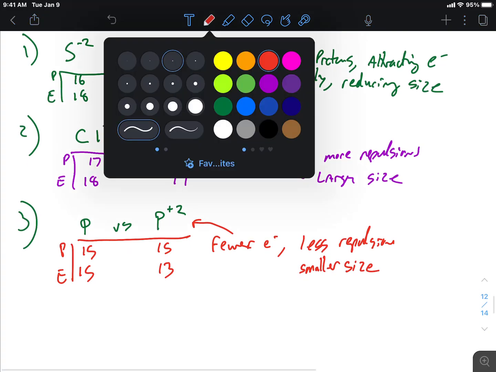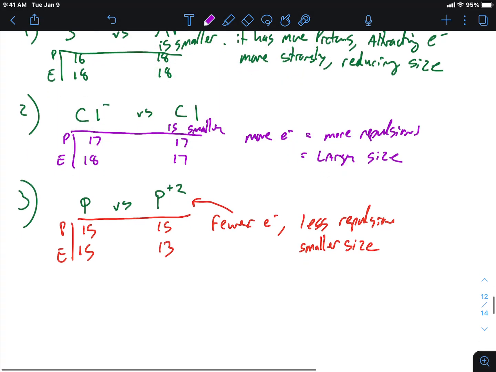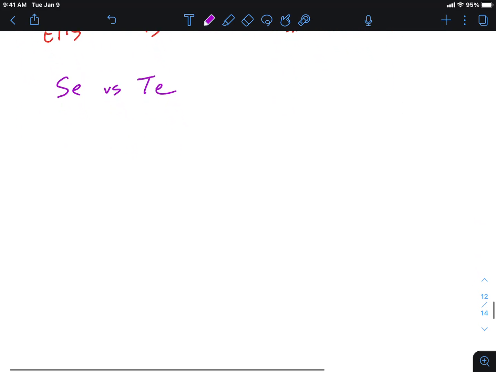Okay, let me just throw one more at you. Selenium versus tellurium. Neither one of these is an ion. These are just straight up atoms.